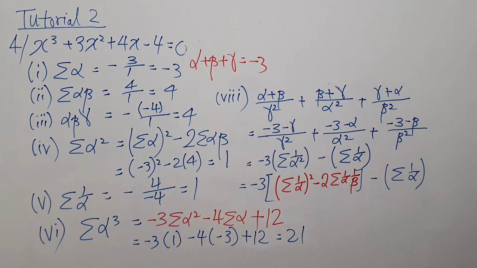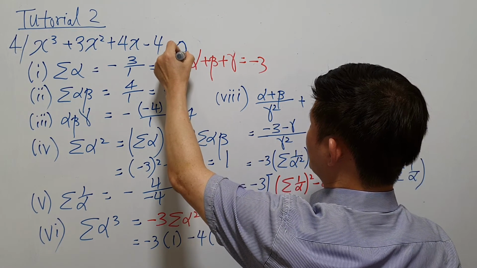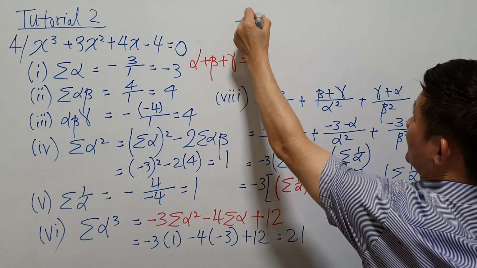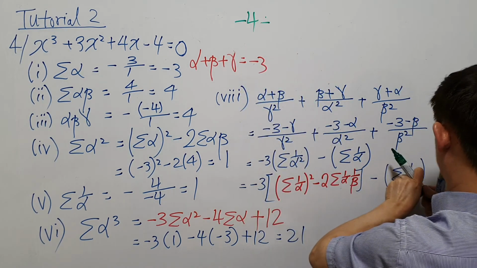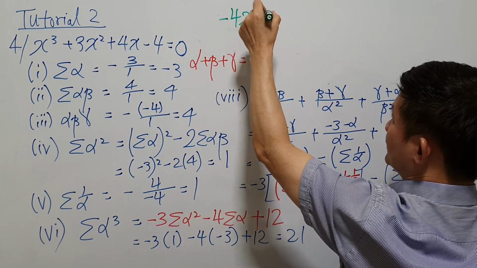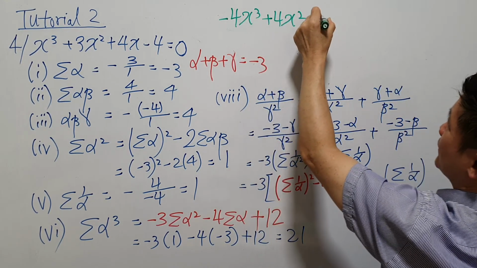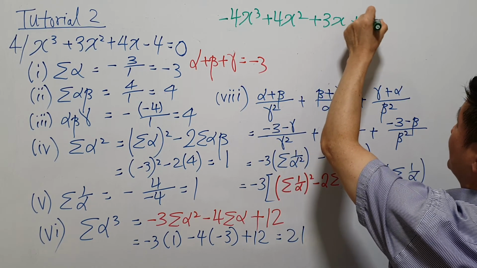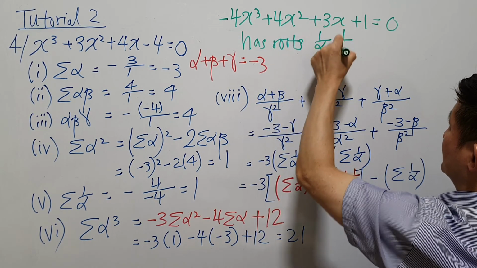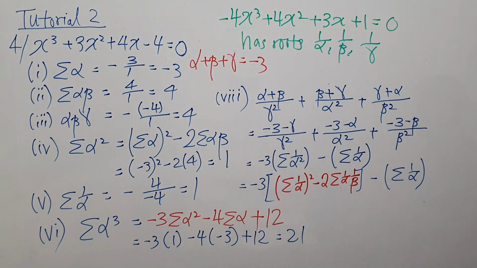So I want you to realize that earlier on, if this is your equation whose roots are alpha, beta, and gamma, I can now create another equation: minus 4x cubed plus 4x squared plus 3x plus 1 equals 0, which has these as roots.